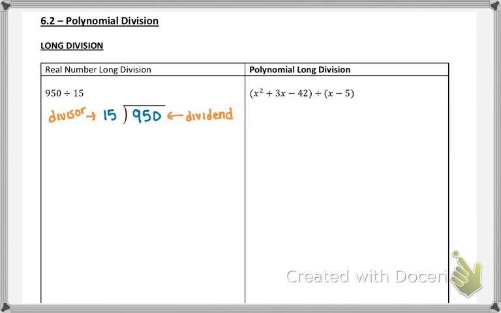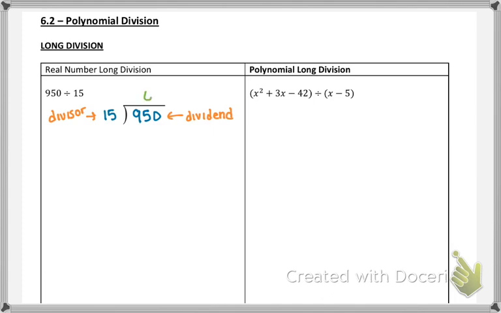Okay, so I know you know how to do this, but I want you guys to go through the process with me because we're going to do the exact same thing to the long polynomial on the right. So the steps are very important. The first thing we're going to do is say, okay, 15 cannot go into 9, so we're going to add the next digit. 15 goes into 95 how many times? And certainly you can check that with your calculator if you want.